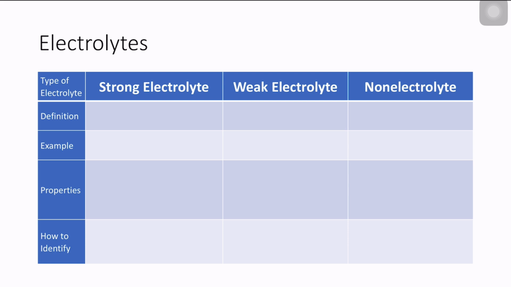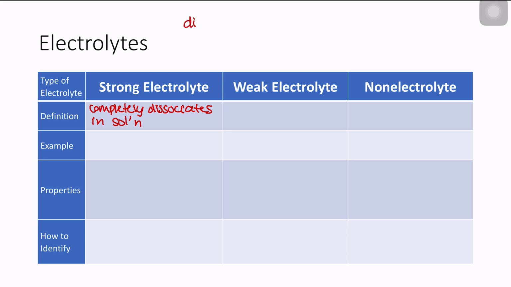We can do that in terms of what are called electrolytes. We have three different types of electrolytes we're going to talk about in this class. We have strong, weak, and non-electrolytes. A strong electrolyte is something that completely dissociates in solution.